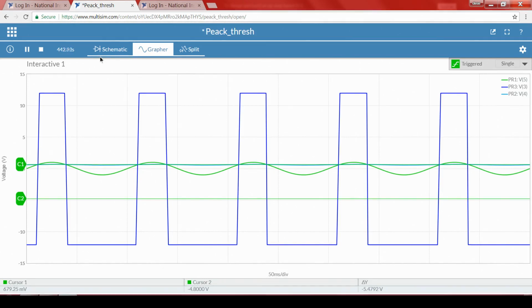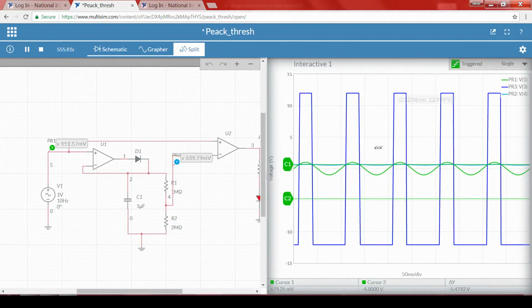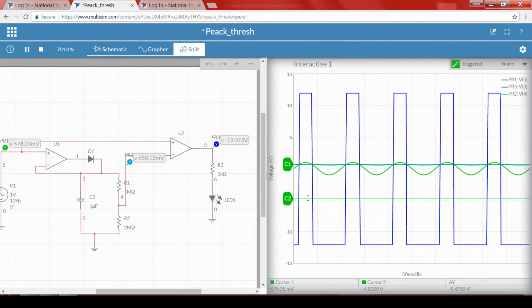If you remember the schematic, we have used one at this point and the other at this point, light blue, sky blue and dark blue. Here, this is the output and the sky blue color is somewhere here. That is our threshold. Whenever the input is greater than the value, we can also see the LEDs blinking.